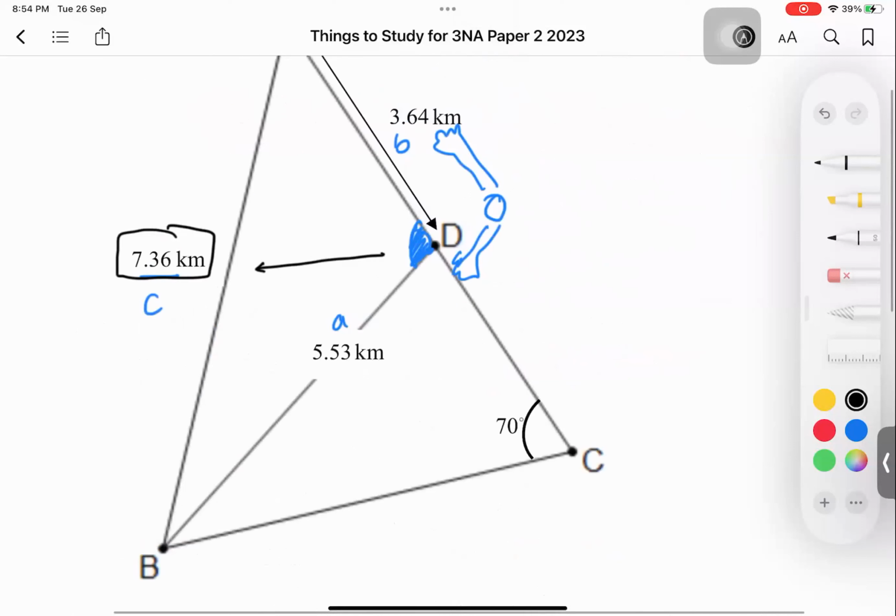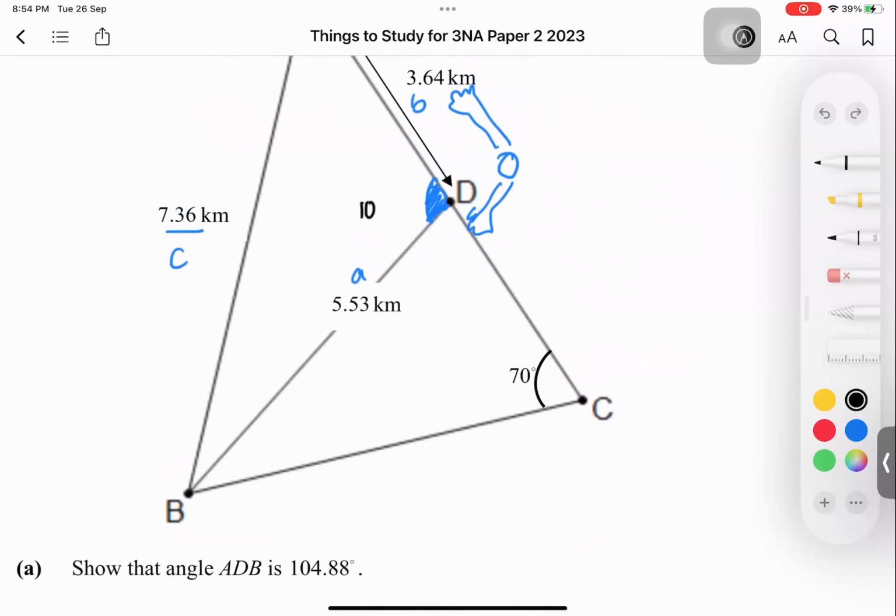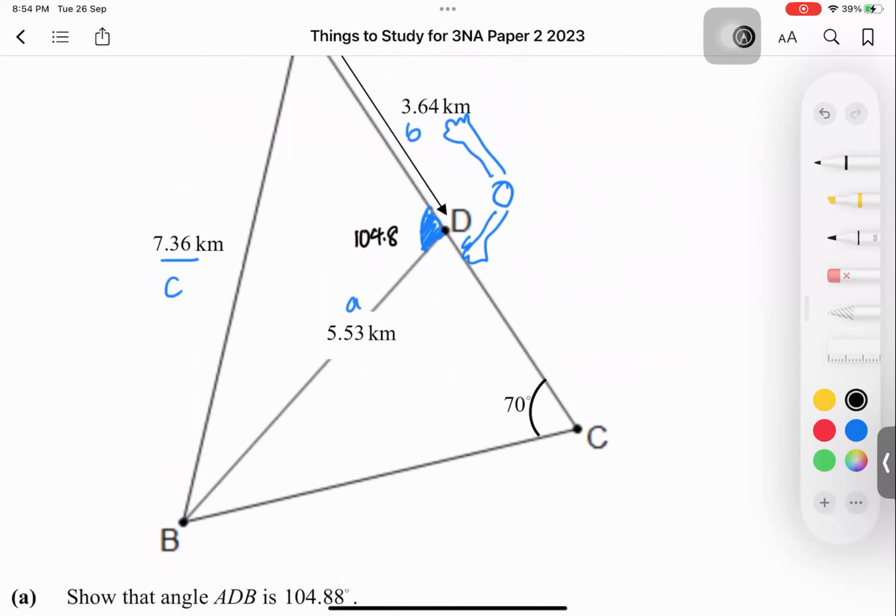Okay, so now I have my angle already. Once I have this angle over here, fill in your information when you do your work, along the way. So you know it's 104.88. Then that means also I will know what is this angle, am I right? So I can actually find this angle technically. So intuitively, I must know what are the information I have.